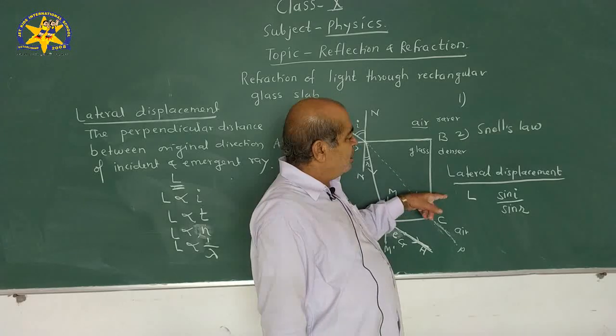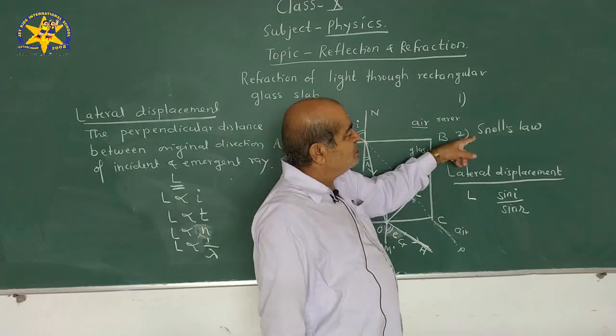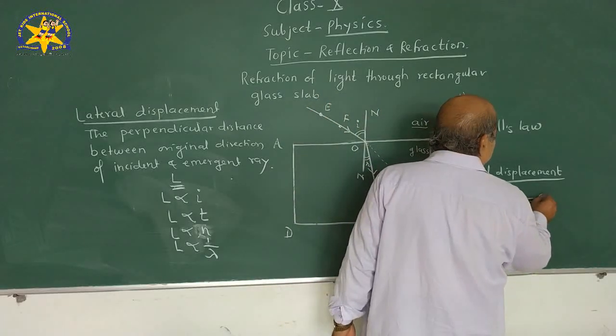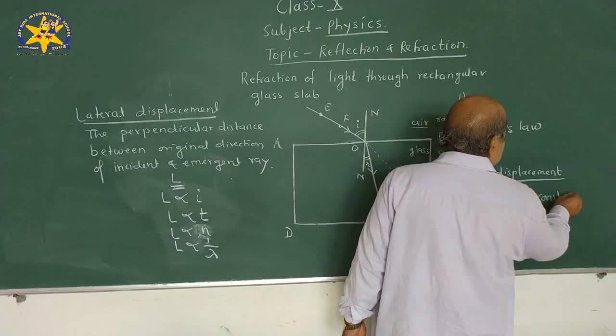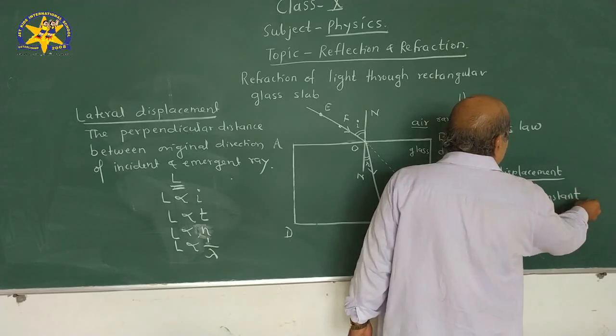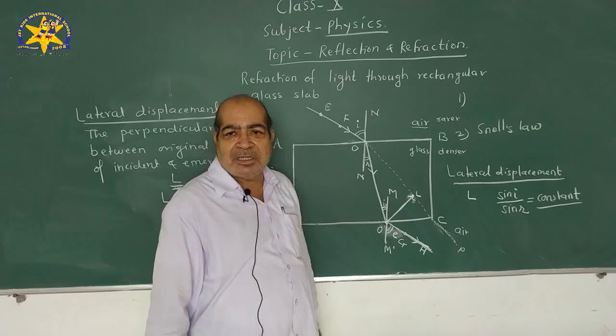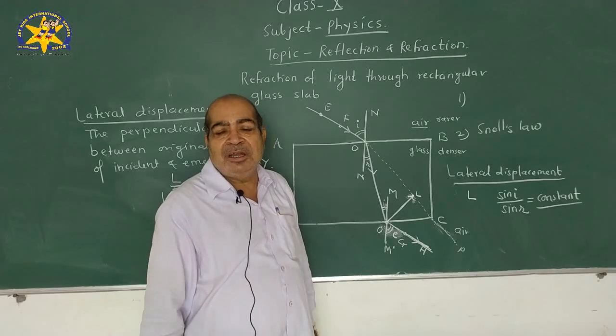So the second law of refraction is known as Snell's law, and therefore sin i divided by sin r is equal to a constant, and this constant is called the refractive index of the medium.